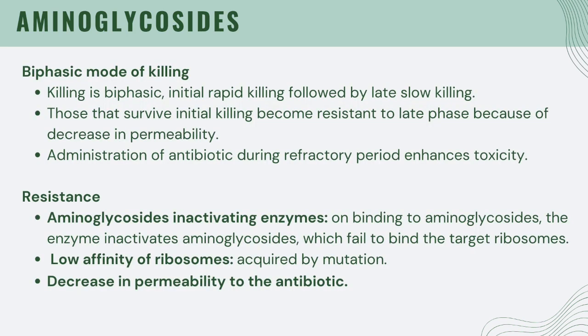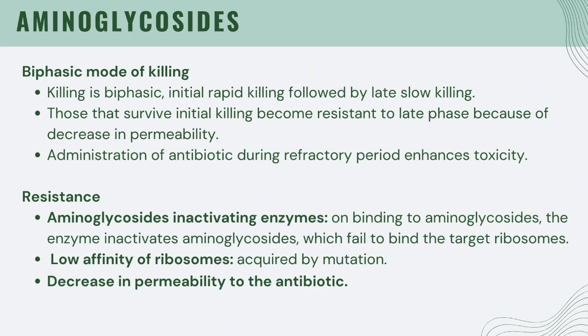The biphasic mode of killing of aminoglycosides refers to the observation that these antibiotics exhibit two distinct phases of bactericidal activity against bacteria. At low concentrations, aminoglycosides primarily exert their bactericidal effect through concentration-dependent killing.